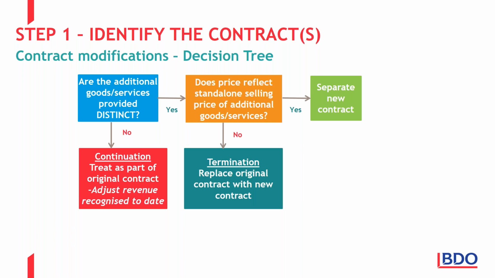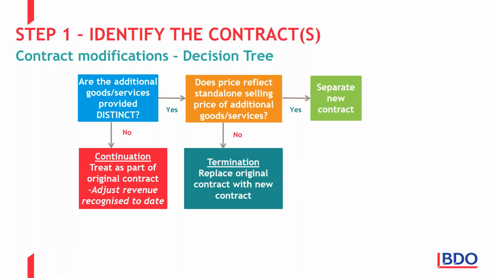Then the next question is, does the price of that swimming pool, this new distinct good, reflect the standalone selling price of a swimming pool? Basically what they're asking is, are you giving this existing customer a good deal because you're already doing a lot of work for them, or are they paying a standalone selling price, a market value that you would have asked any customer?